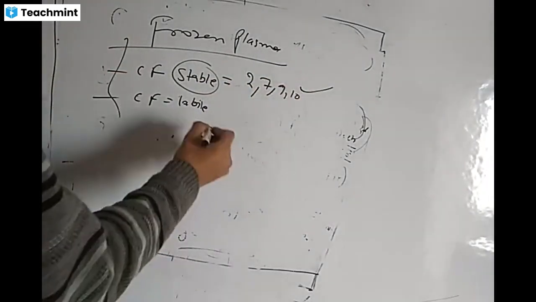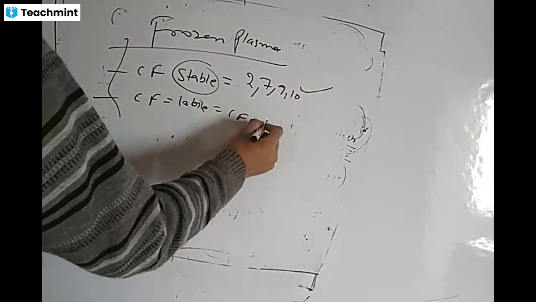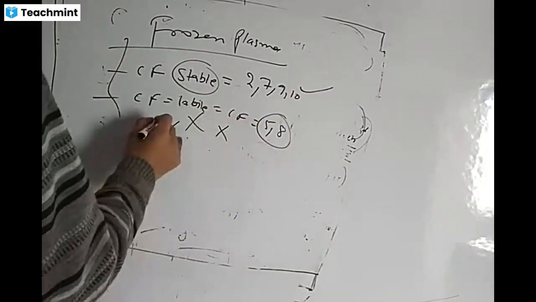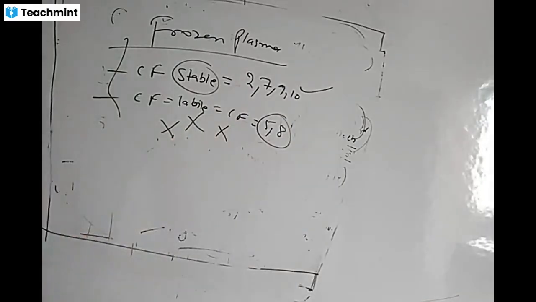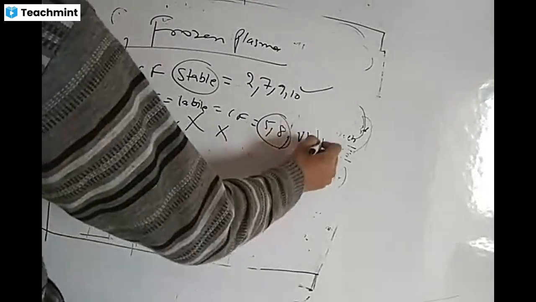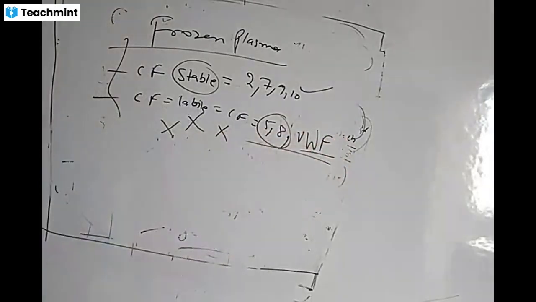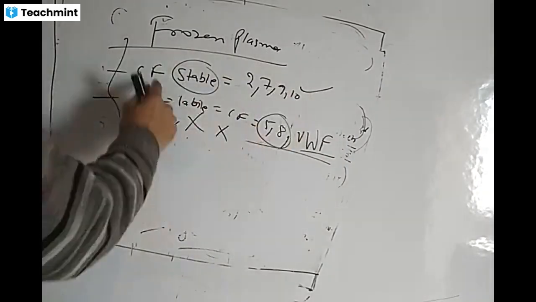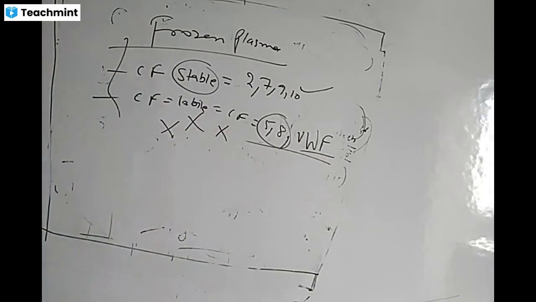But clotting factors 5 and 8, along with von Willebrand factor, are labile and absent in frozen plasma. So frozen plasma maintains the stable clotting factors but not the labile ones.